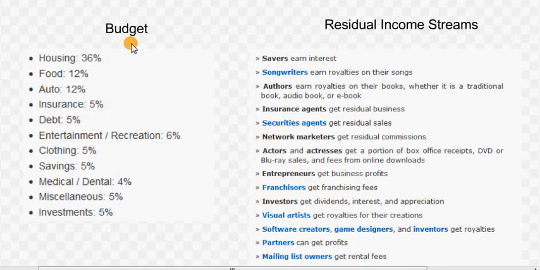Now, the first thing we're going to focus on is, of course, our budget. The budget is going to be used to pinpoint exactly what we're spending money on and how we're going to get somebody else to pay for all of these things. Now, this is how it works. You're going to have to fill in the numbers for yourselves with the exact numbers that you're paying for, let's say, your housing expense as far as your mortgage, or if you're renting, your rent, and your food expenses.